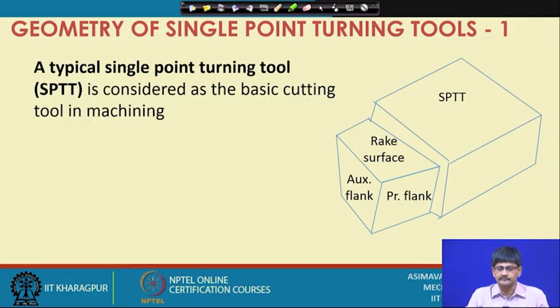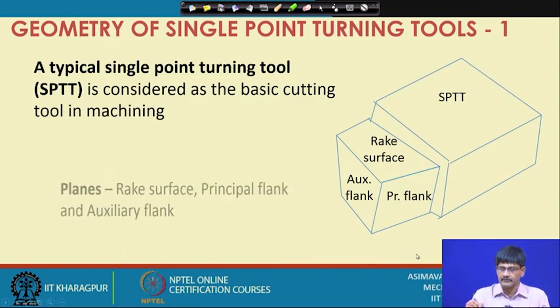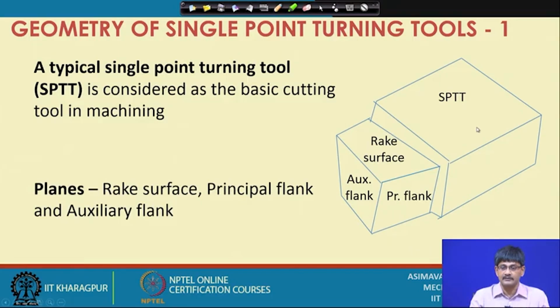So, what do we see here? First let us see the back portion of the turning tool. This is the shank or the base or the rear portion of the tool which is held on the machine tool, so it will be securely placed in position with rigidity.